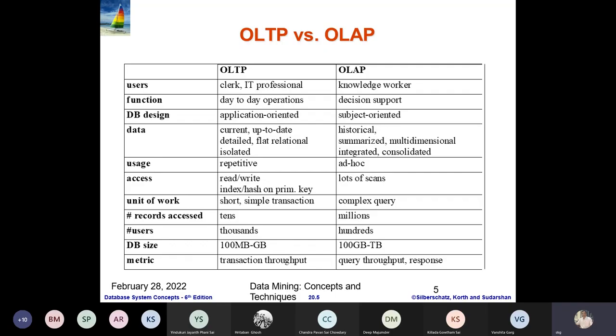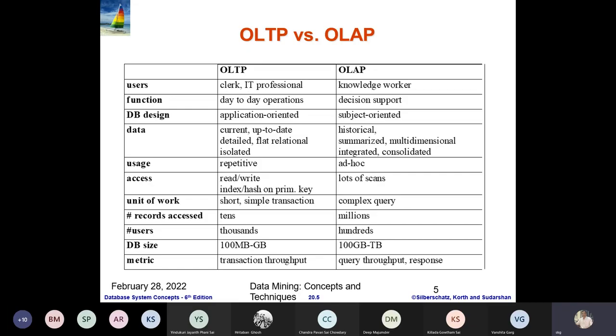If we look at the database design aspect, it is more specifically application oriented, right? That is more of the applications you are looking at, whereas OLAP is more subject oriented, like which domain or which subject you are looking at. So again, data wise, in case of OLTP, it is current, up to date, detailed, flat, relational, and at times isolated.